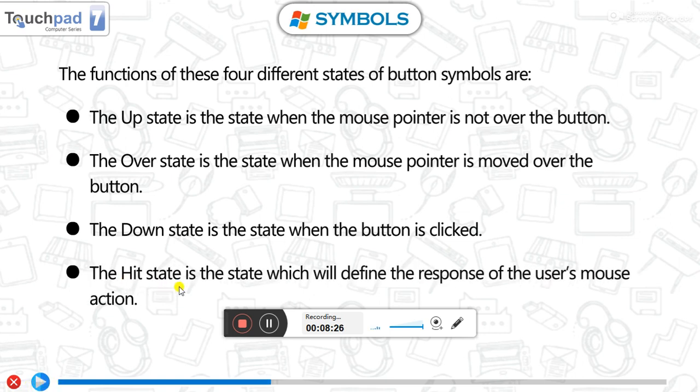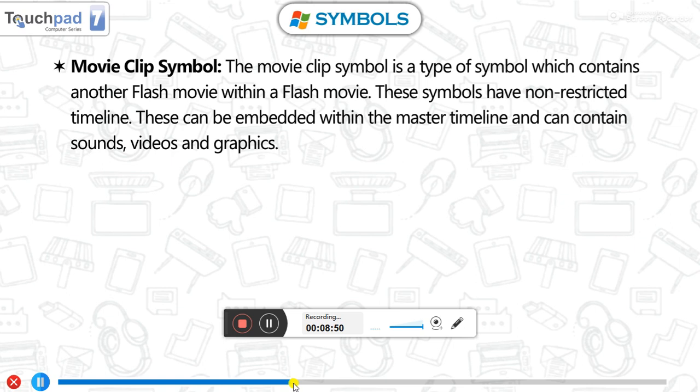Next one, the hit state. The hit state is the state which defines the response to the user's mouse action. So these are the 4 states you have to learn: up state, over state, down state and hit state. The last category of symbols is your movie clip symbols.